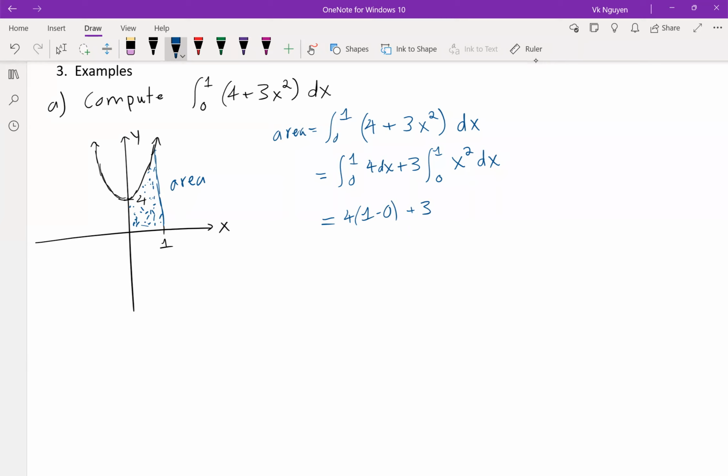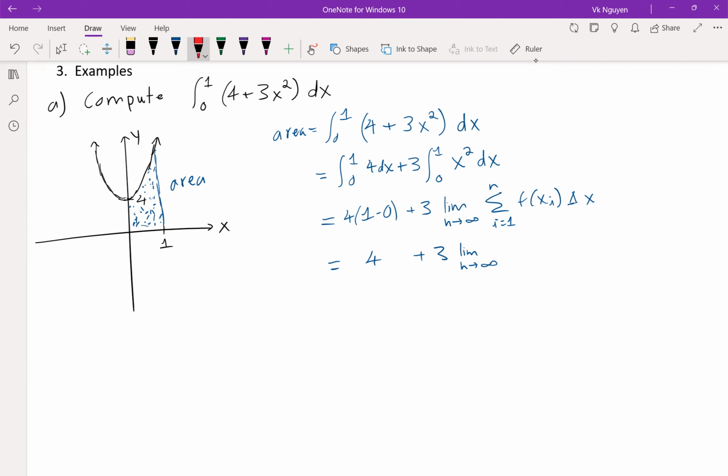And for this one, in order to do the computation, we're going to use the limit of the Riemann sum. So limit as n goes to infinity, summation i equals 1 to n of f(xi) delta x. So we have 4 plus 3 times the limit as n goes to infinity.